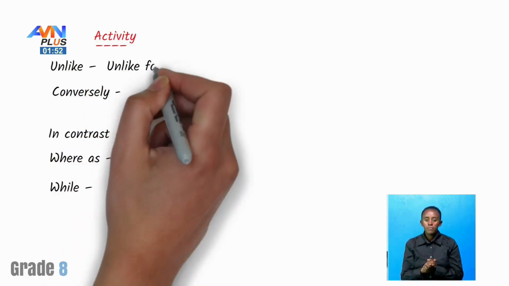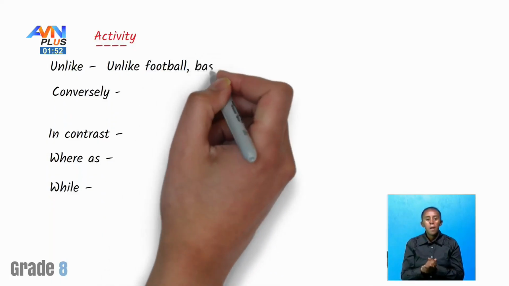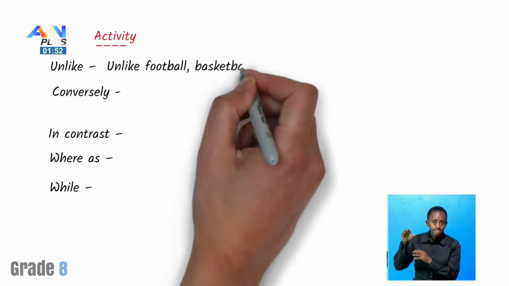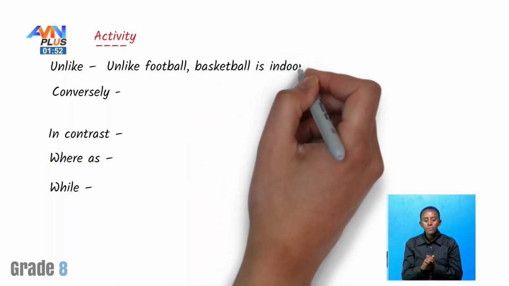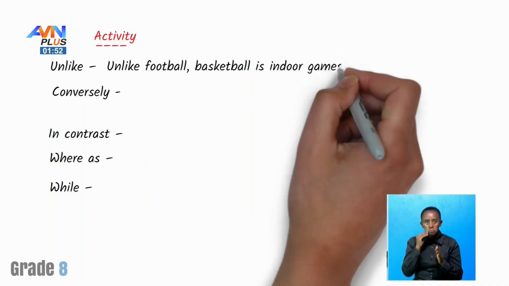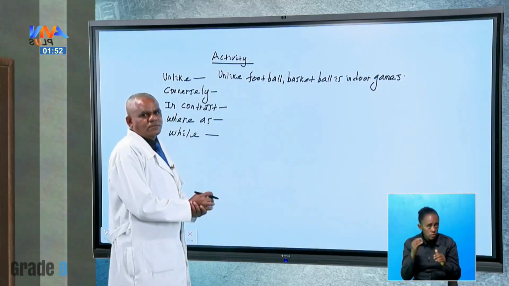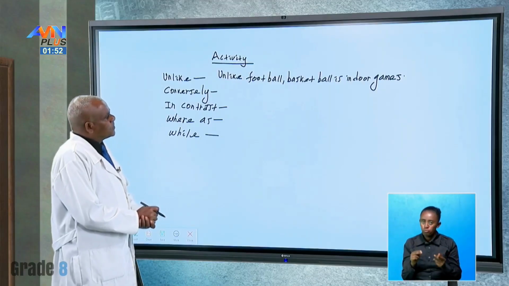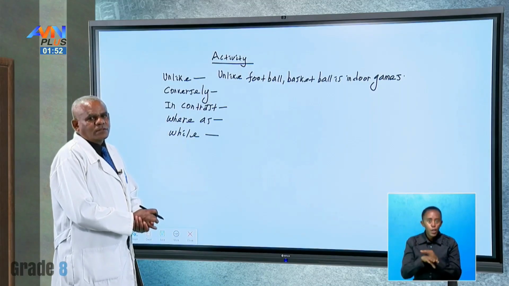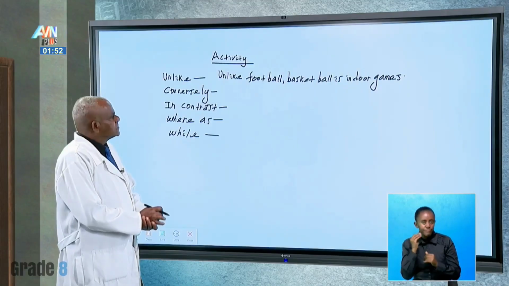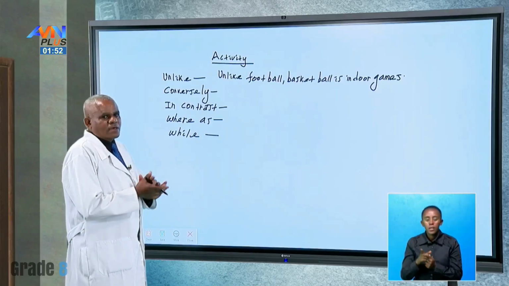You see, football, basketball is what? Indoor games. Very nice. Are they both indoor games? No, they are not. Unlike football, basketball is an indoor game. Football is not an indoor game. They are outside. So, in other words, they are performed at the field.